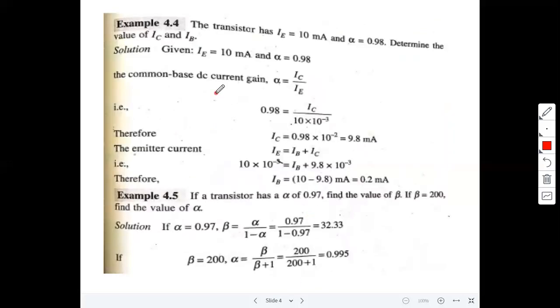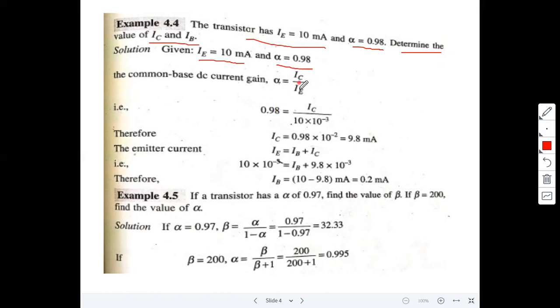Now this is almost similar to the previous problem. A given transistor has IE equal to 10 milliamperes and alpha is equal to 0.98. Determine the collector current and base current. Given emitter current 10 milliamperes and the DC current gain alpha, which means the configuration is common base, alpha is 0.98.